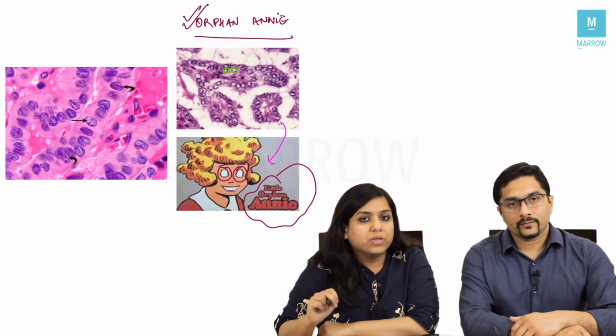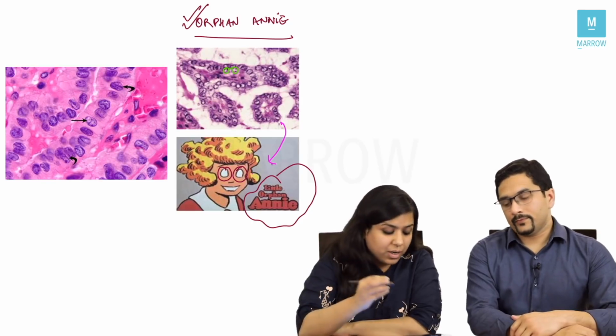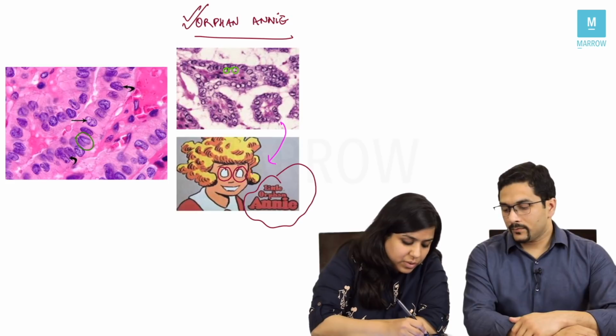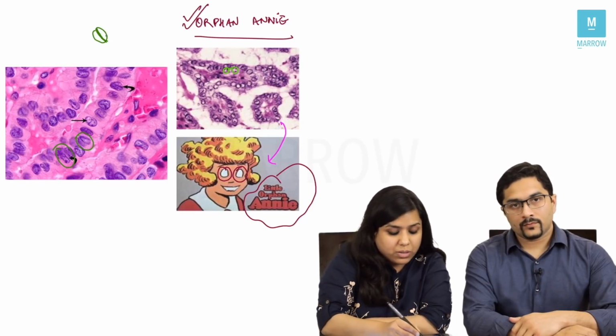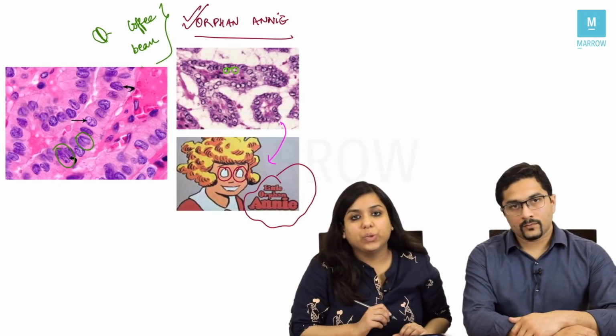Two other nuclear features which are very important in a case of papillary carcinoma of thyroid: in this image, can you appreciate these nuclei which have a groove in the middle? They have a groove, so it looks like a coffee bean. That is why these nuclei are called coffee bean nuclei, right?